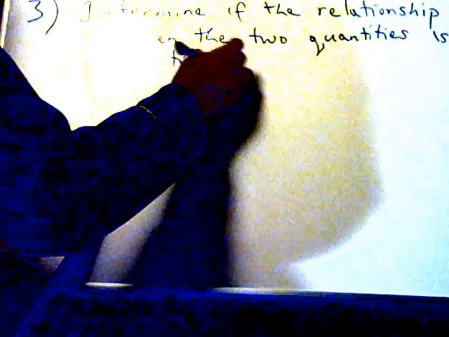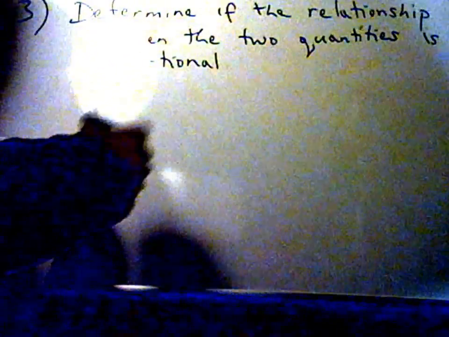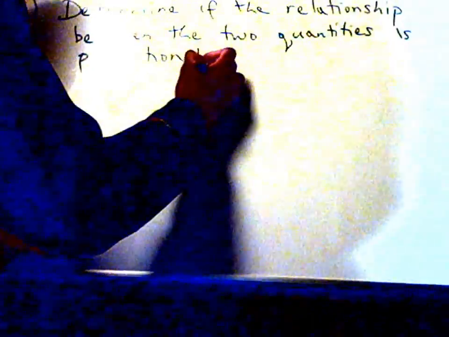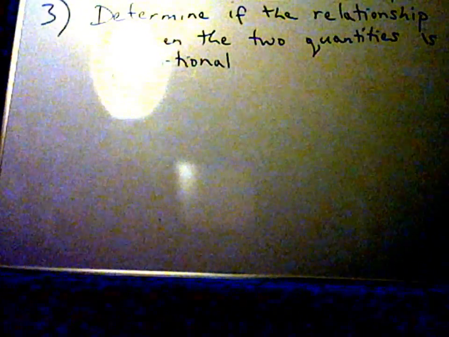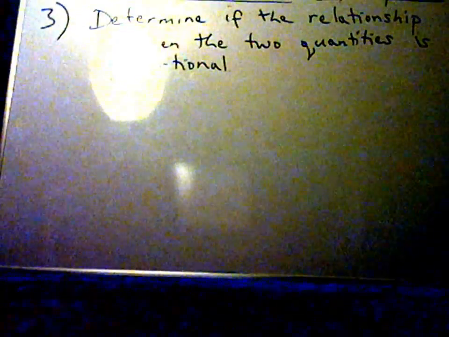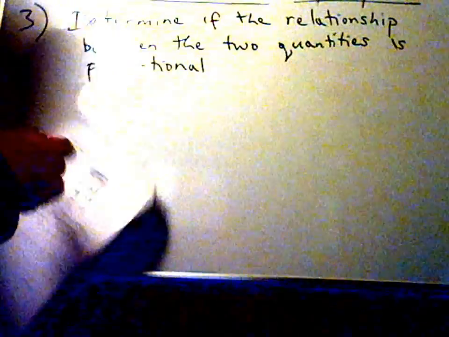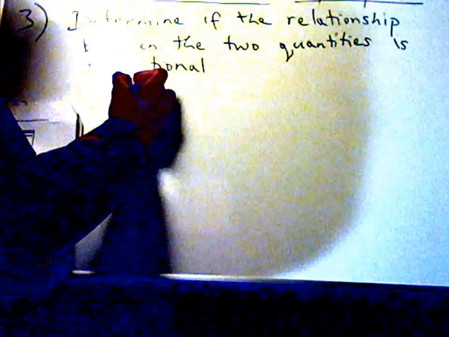So they expect you to show some work or explain why you come to the conclusion that you come to. Alright, so that's given to us as a problem to solve, and we are given information here.